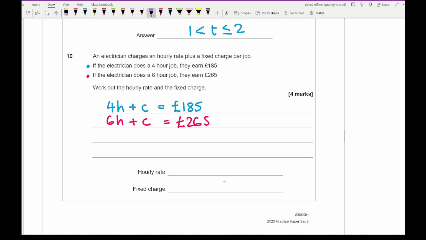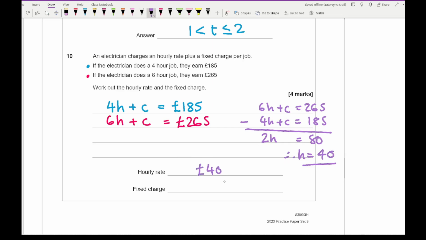Now if I do a bit of rearranging, so if I do 6H plus C equals 265 and 4H plus C equals 185, I can see that my C's are the same and they're both the same sign, so I take away. So 2H is going to be 265 take away 185, and that gives me 80. So H equals 40.